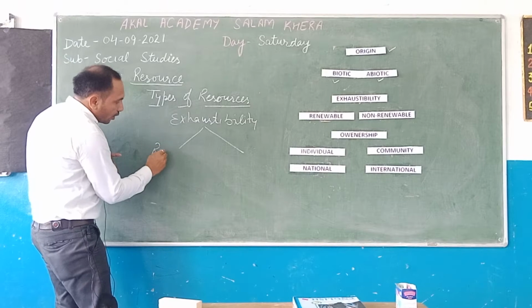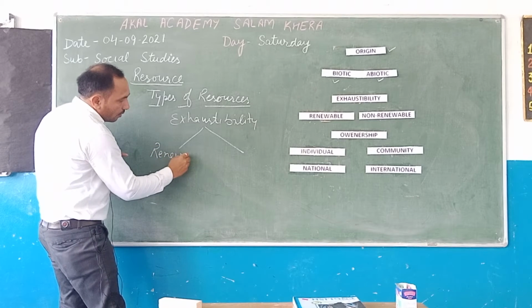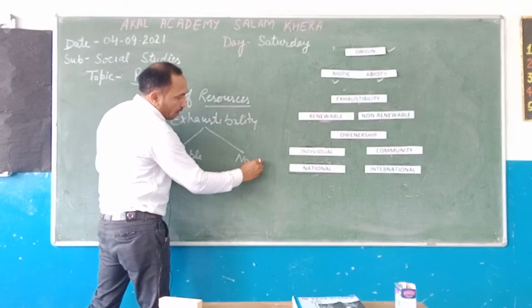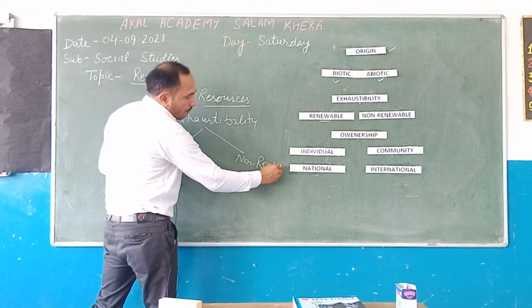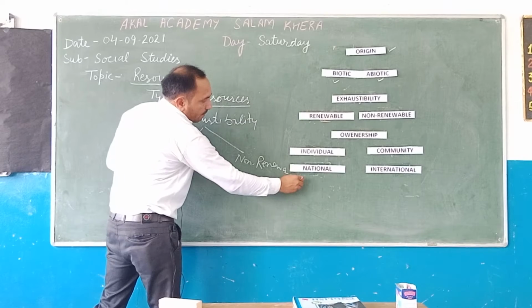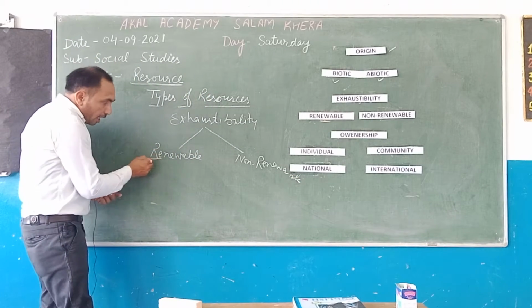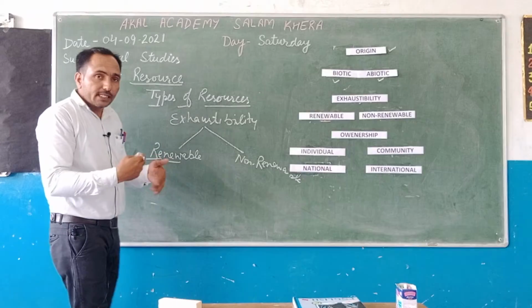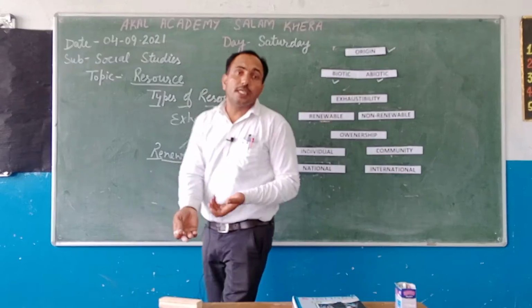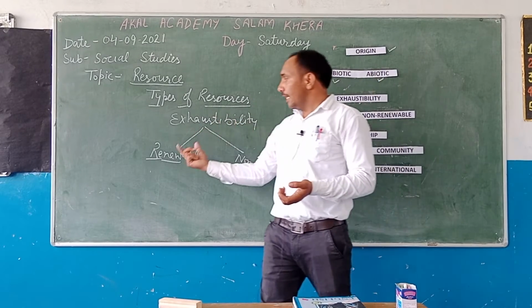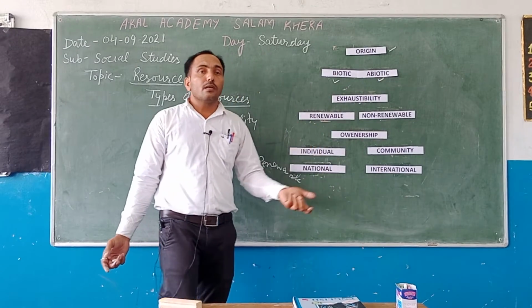One is renewable and second is non-renewable. If we count the renewable, re means again, new means newly generated, those which can regenerate themselves are called renewable resources.